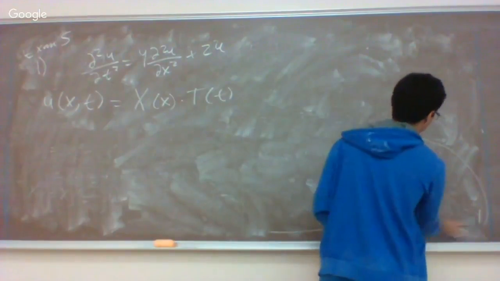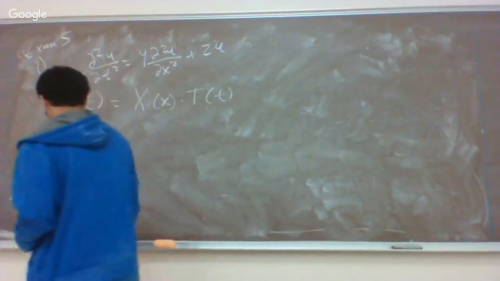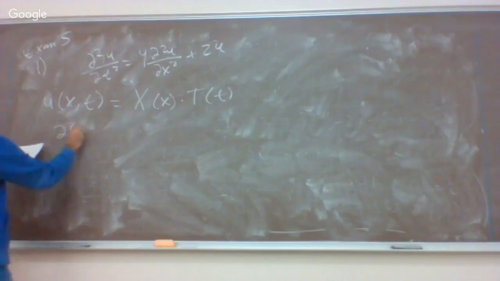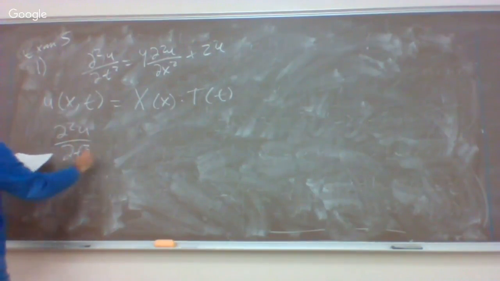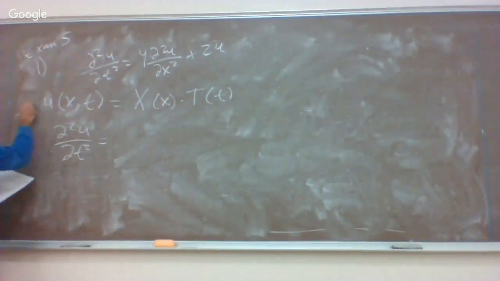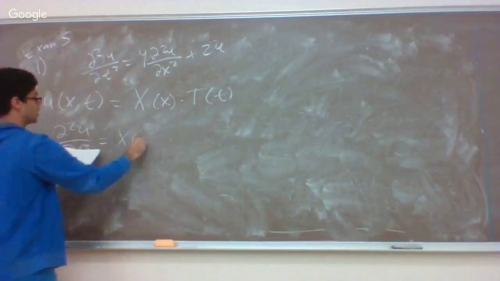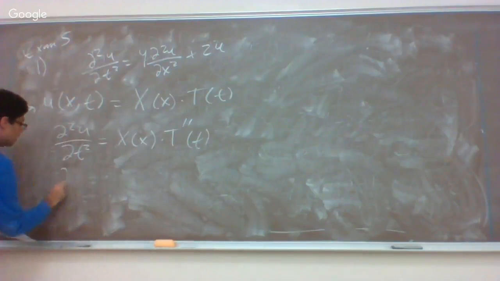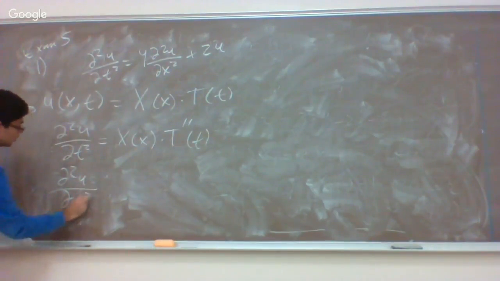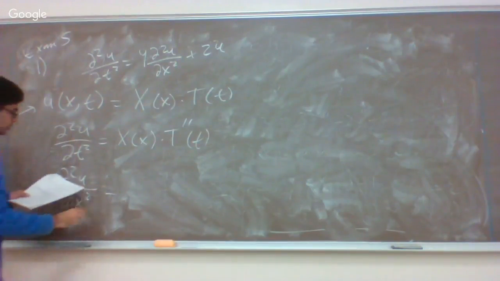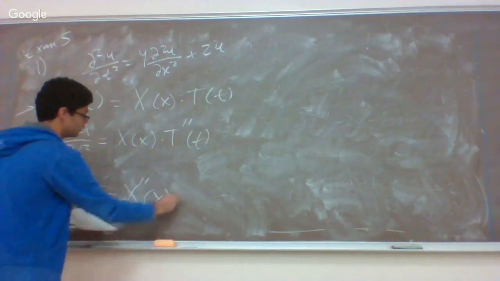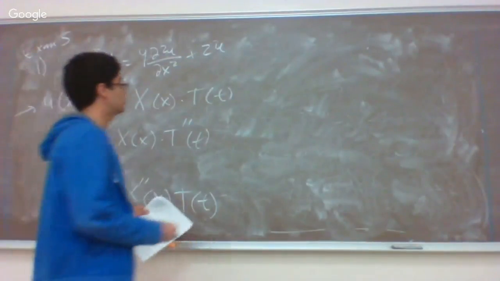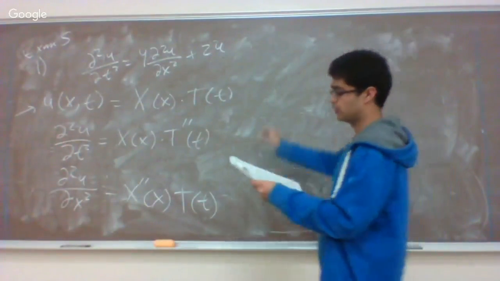Remember the short steps. The partial derivative of u with respect to t squared: if this is my model equation, the x component stays like a coefficient, and it's being multiplied by the double derivative of T. If I'm doing the second partial derivative of u with respect to x squared, the T remains like a coefficient, but it's a second derivative of X. This is my equation.